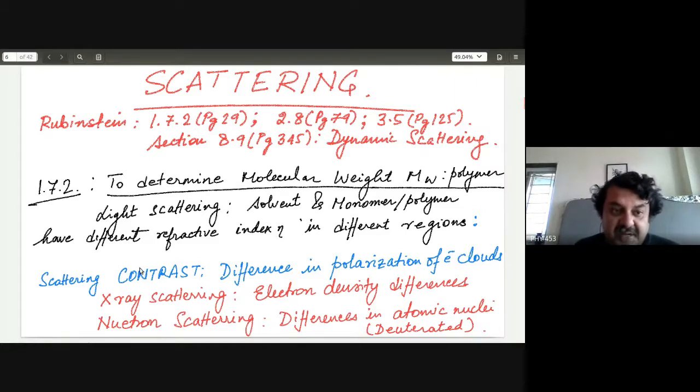So depending upon whether you're using visible light, X-ray or neutron scattering, the scattering contrast, the difference in scattering, might come from different physics, as in electron density difference within an atom, or the difference in the atomic nuclei, or for visible light, refractive index. But the scattering contrast factor is going to be a prefactor in the intensity of the scattered light, as normalized by the intensity of light which is incident, right?